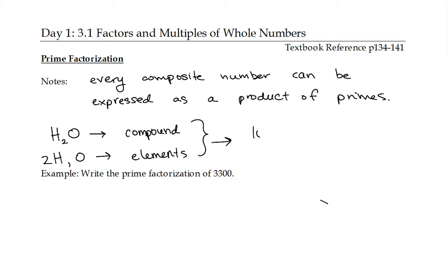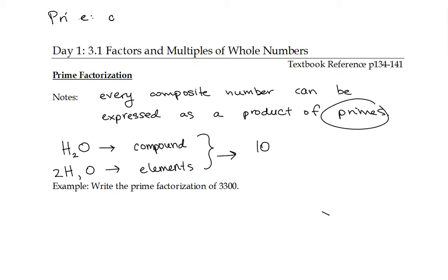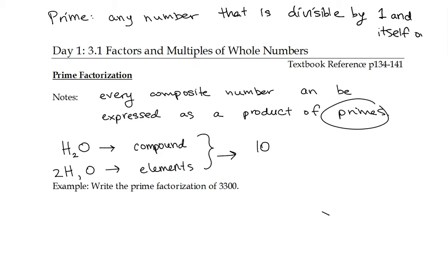Now you can think of this similar in math. Let's say we have the number 10. Is number 10 prime or composite? First of all, what's a prime? Any number that is divisible by 1 and itself only.